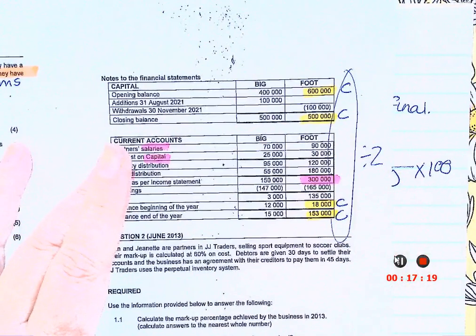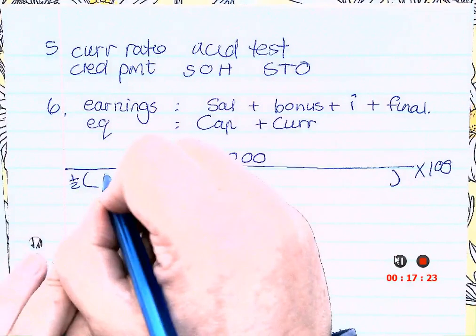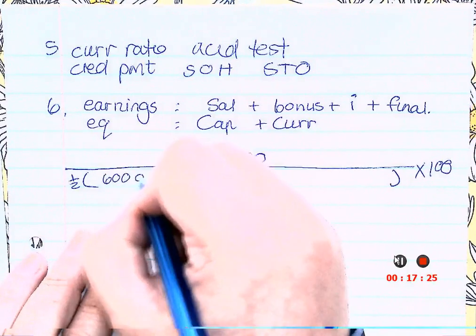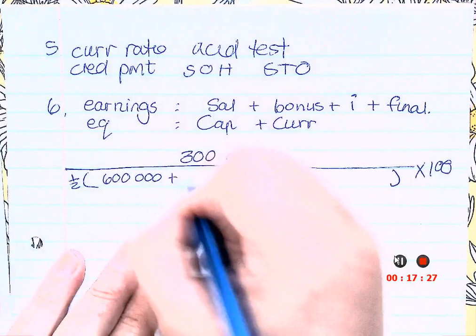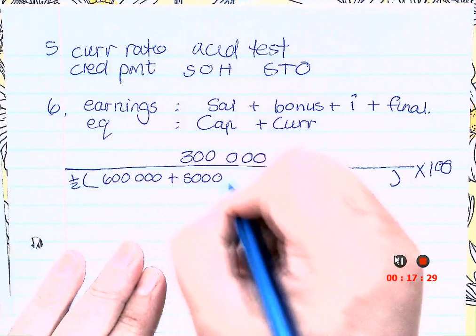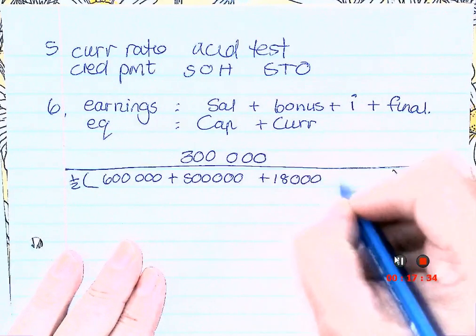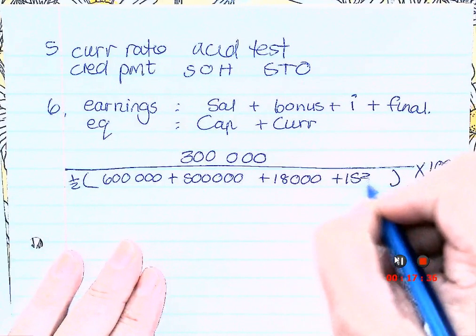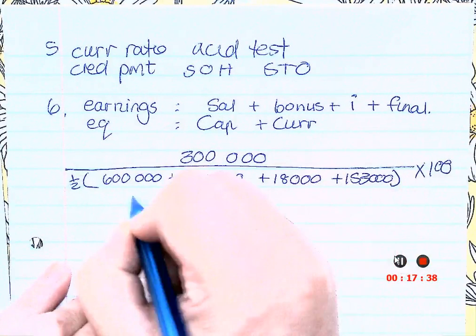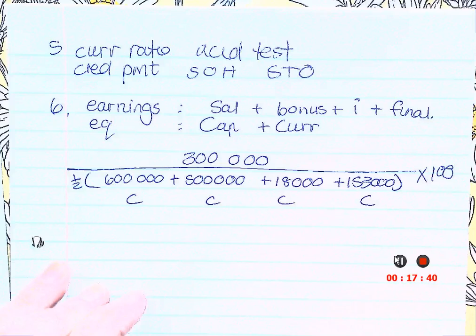So now let's go write it down. I want half. 600 plus 500 plus 18 plus 153. Can you see? C plus C plus C plus C. And now if I go look, what is the total there?